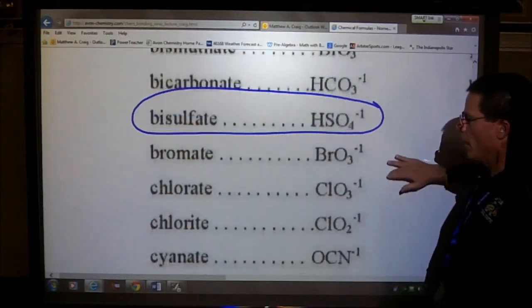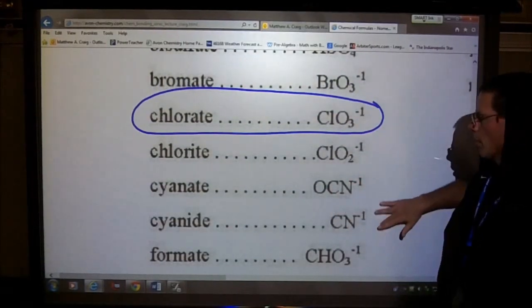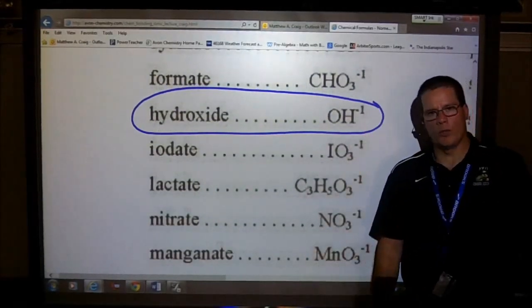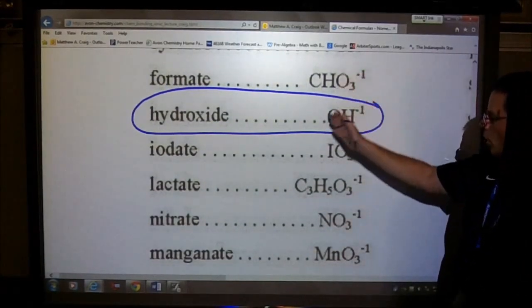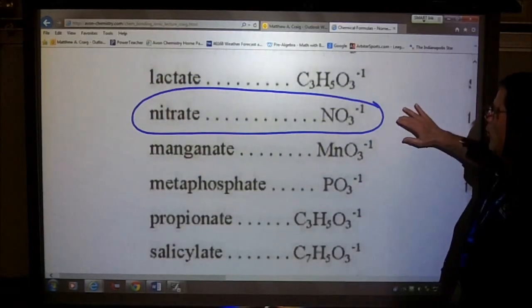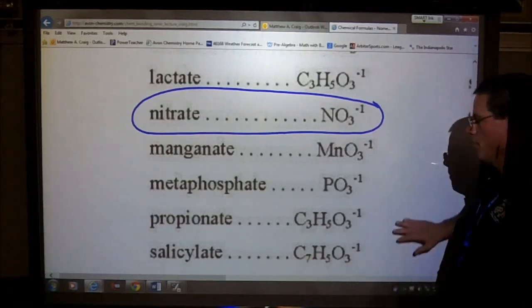And then we have chlorate, ClO3, so that's the second one. The third one, pretty common, hydroxide, which is OH with a -1 charge. And notice that all of these have a -1 charge. The fourth one is nitrate with an NO3 with a -1 charge.